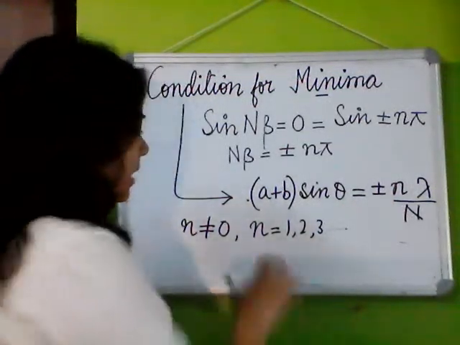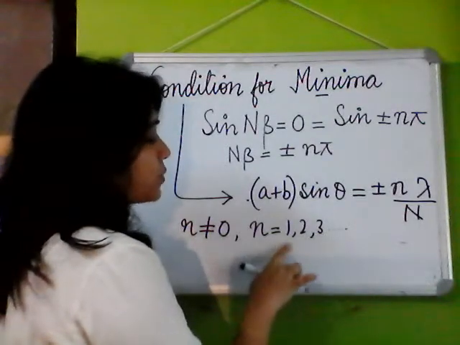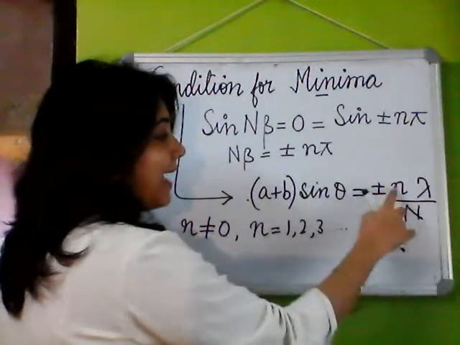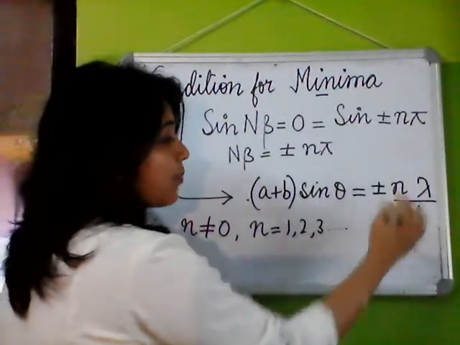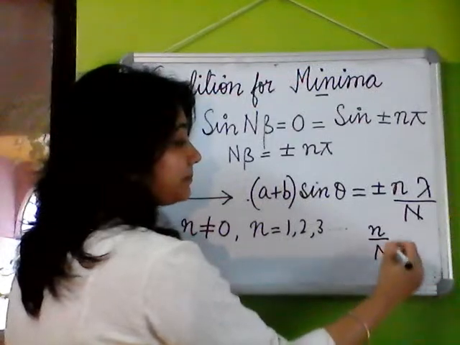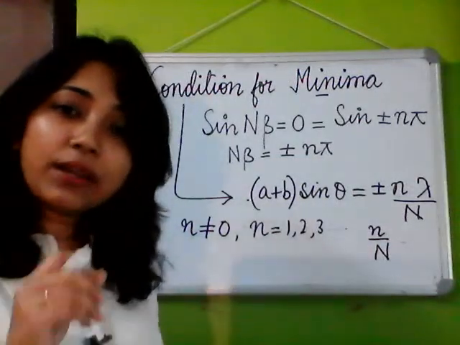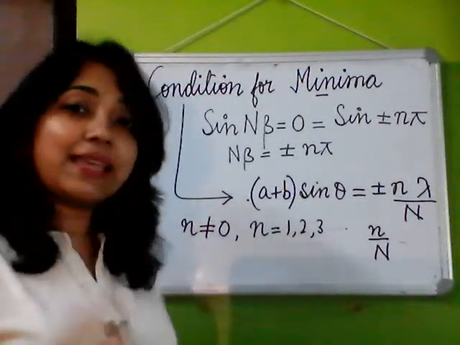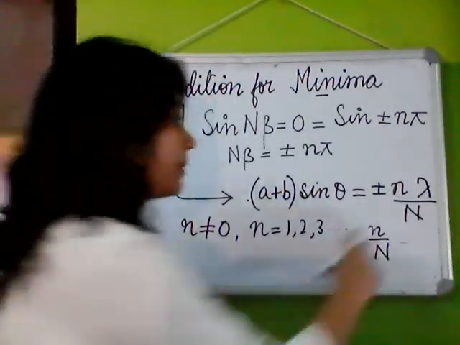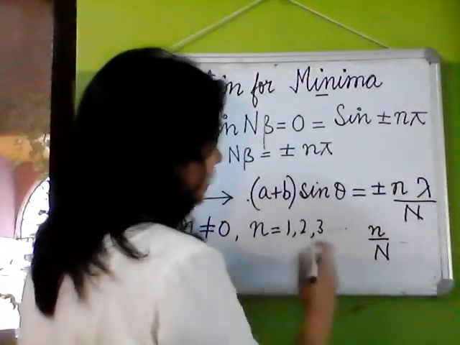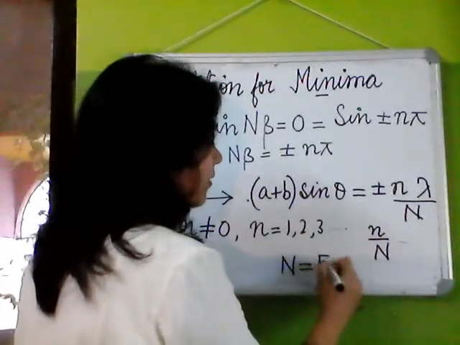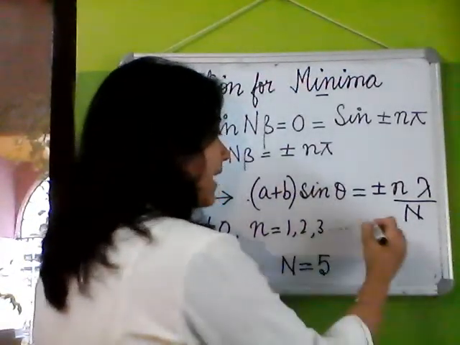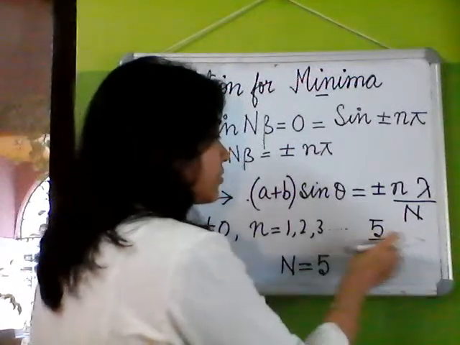Fine. Now, while I am writing down the value of n as 1, 2, 3, again remember, look at the right hand side. I have the expression as small n by capital N. Now suppose that we are working with a particular diffraction grating where the number of slits is, say, 5. So what will happen if this n is also 5 and this N is also 5?